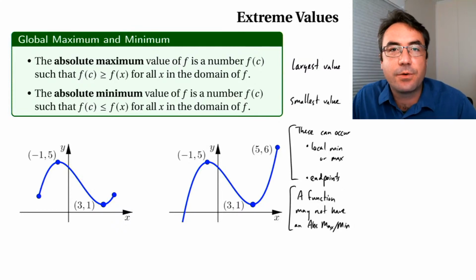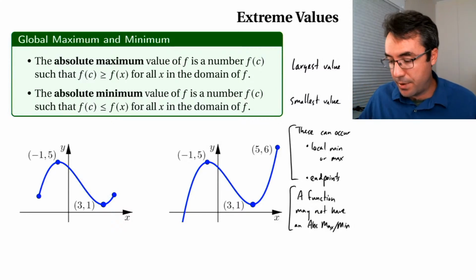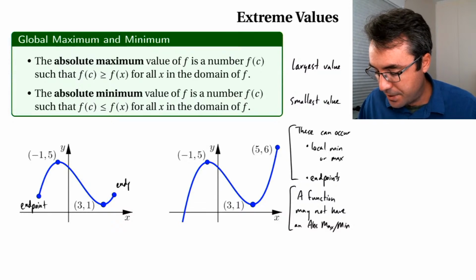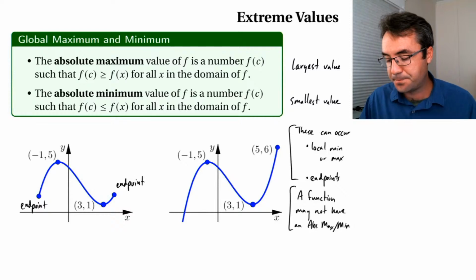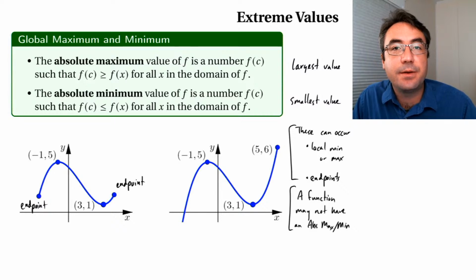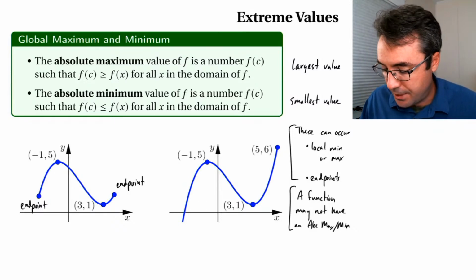So let's start with that graph on the left. Here we see a graph that has two endpoints. So it has an endpoint over here and an endpoint over here. And then it has one local min and one local max. So here we have a local max.